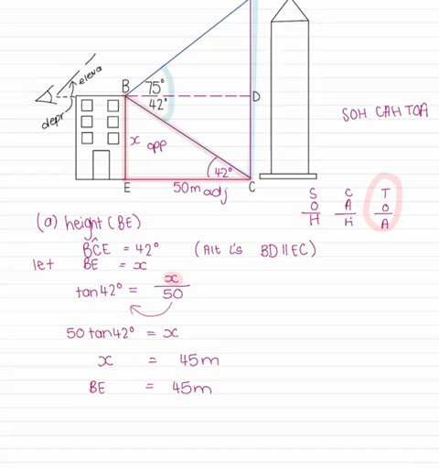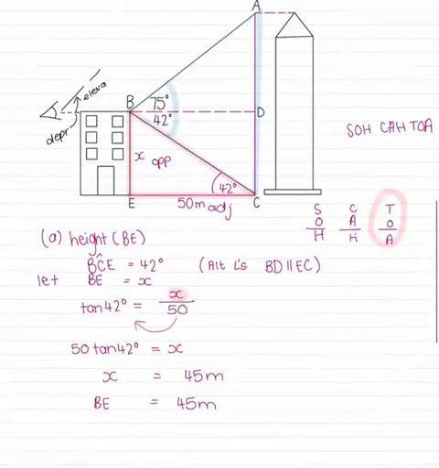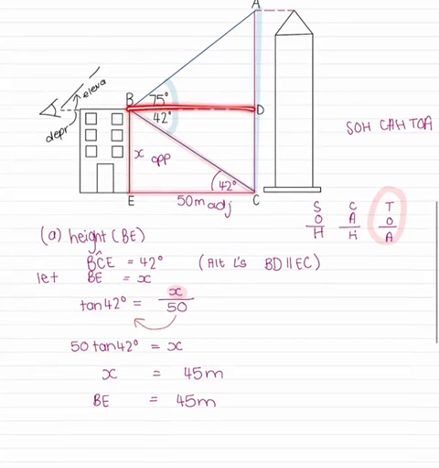Okay, now we're going to look at B. So for B, what we need to know, all right, is we already have the length of DC, right? Because DC must be the same as BE because of the fact that those lines are parallel.